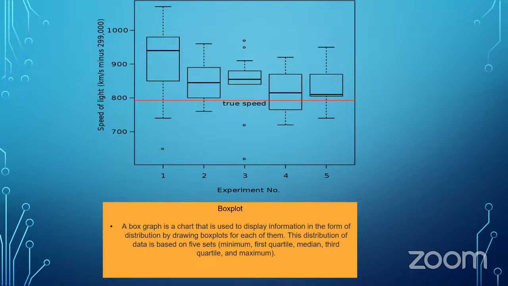And sometimes we find some data which are below the minimum or above the maximum. And usually they are indicated as a circle. That means these data are outliers.